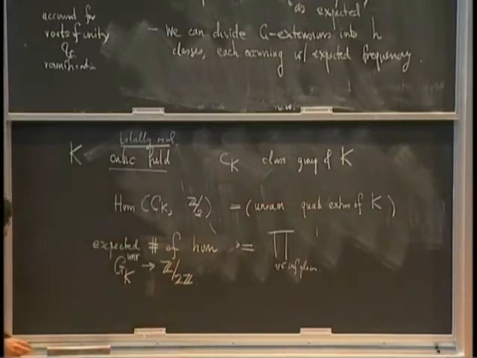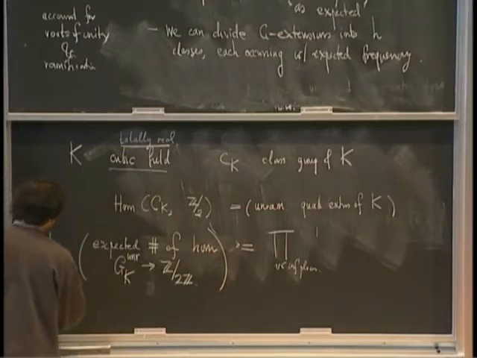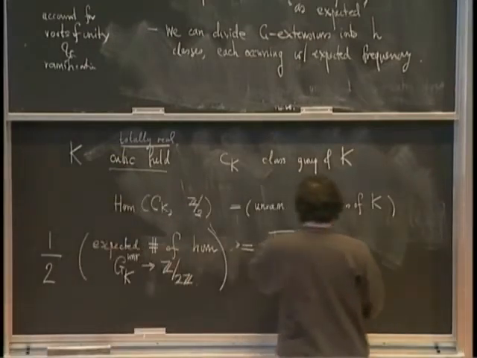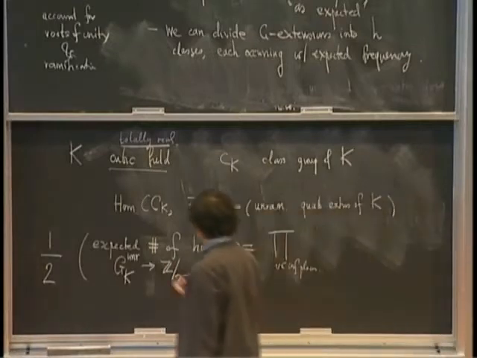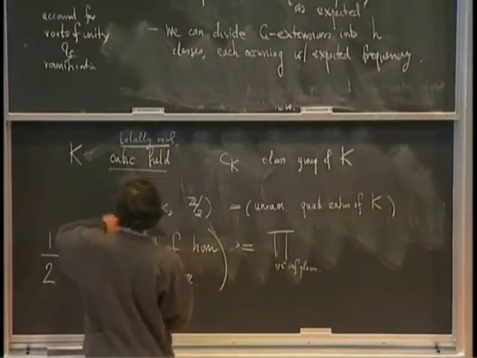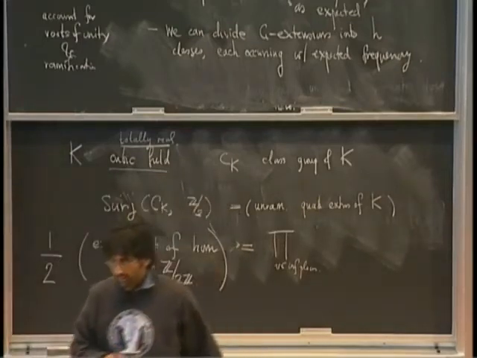Remember we had to multiply this by 1 over the size of the center, so 1/2. This should be the product over infinite places of the same thing. So are these the surjective ones? Yes, thank you, surjective, and this should also be surjective. Thank you. Sorry, absolutely.